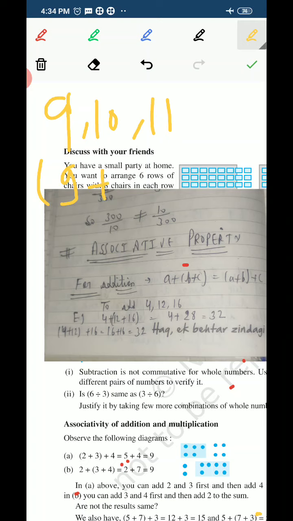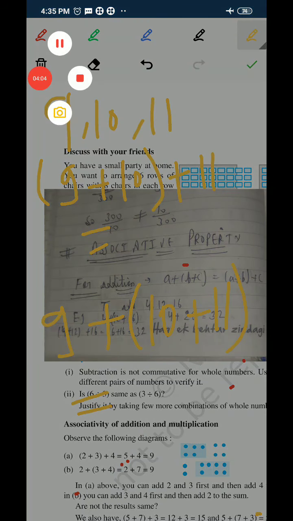One, we will take the association of 9 and 10, and the complete association will be added to 11. Or in the second case, we can make the association of 10 and 11, and add this association to 9. And we will see if the answer in both cases is the same and is also a whole number, then it means the associative property is satisfied.